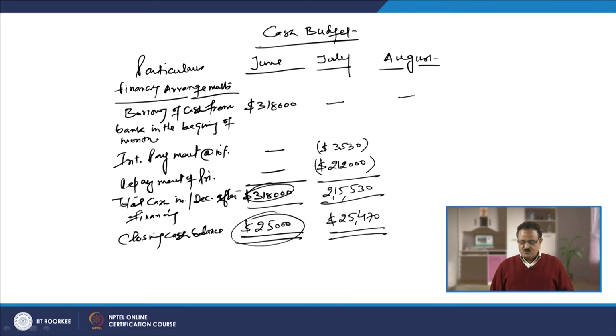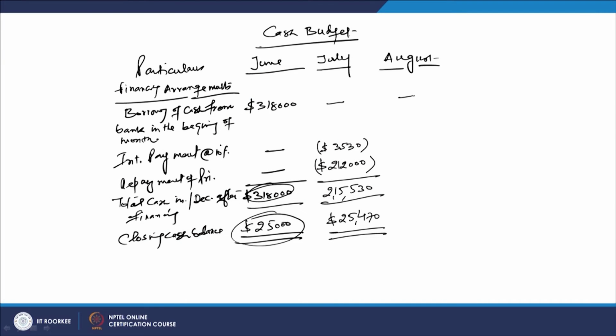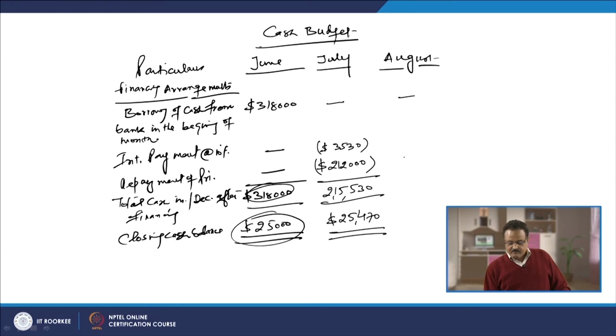So again you have to use the trial and error method, that out of the total $63,470, how much can be paid as principal back to the bank and how much can be used out of that amount as the interest to be paid along with that principal. So after the trial and error method, say for example we pay a principal of 61,000.